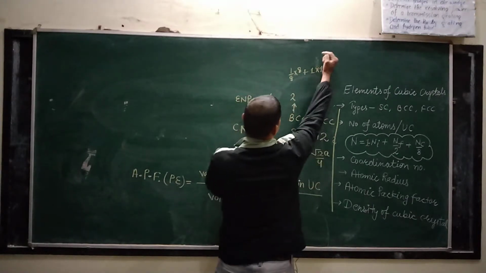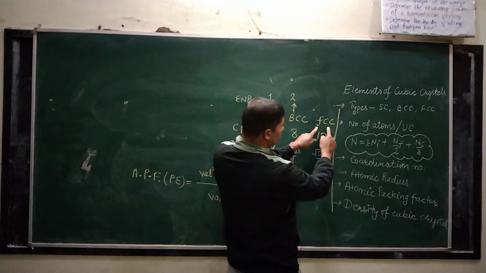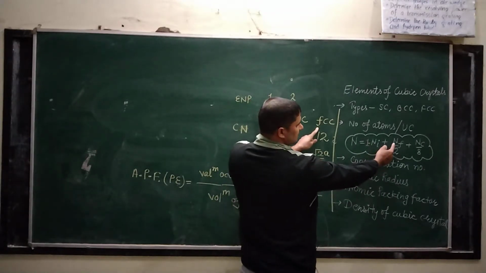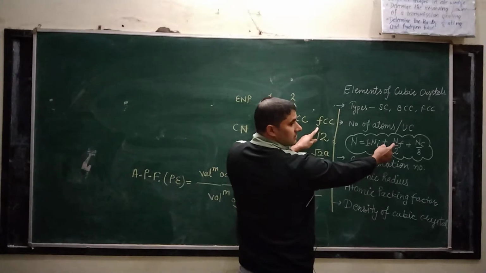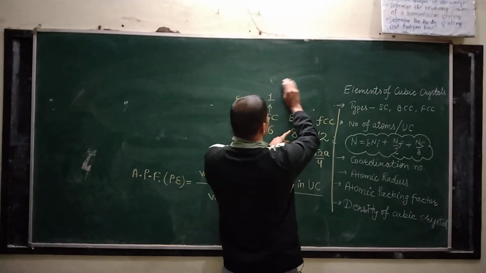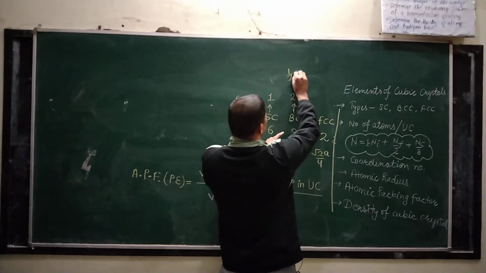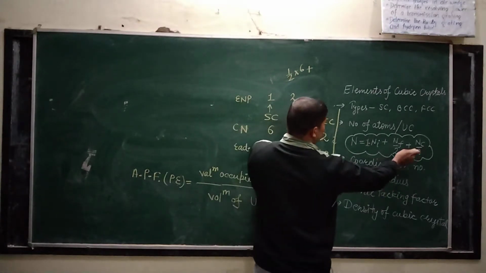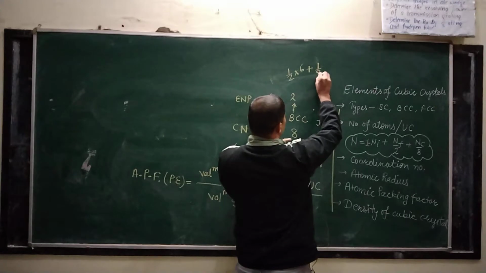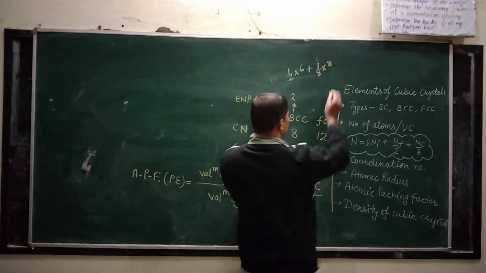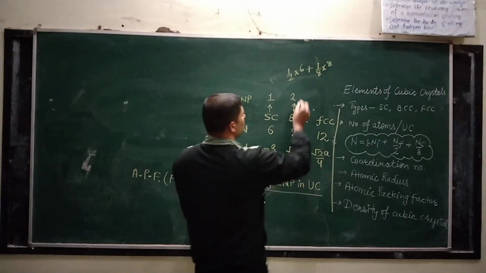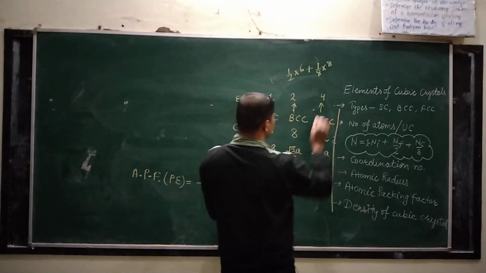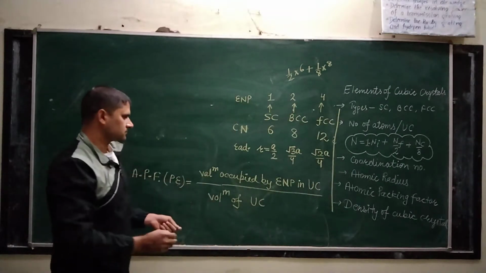Now come to FCC. In case of FCC, no particle is in the interior. 6 particles are at the center of the faces, so it will be 1 by 2 times 6, plus 8 particles are present at the corner, so it will be 1 by 8 into 8. So from here you will see the effective number of particles in FCC is 4.